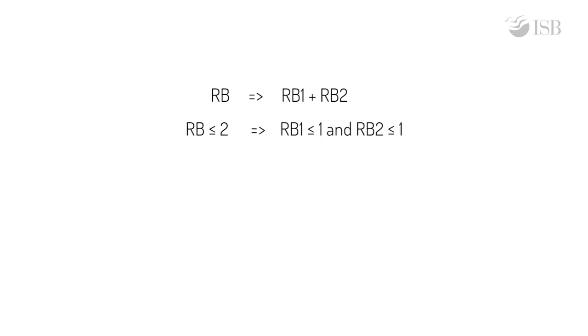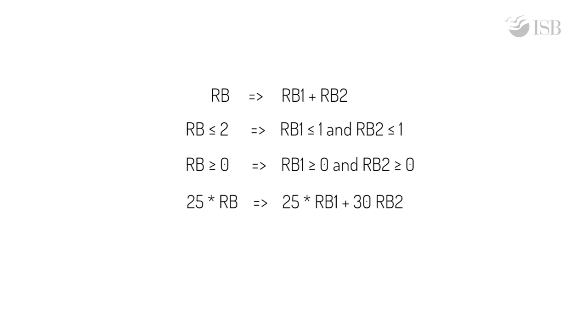In the upper bound constraints, RB less than or equal to 2 is replaced by RB1 less than or equal to 1 and RB2 less than or equal to 1. In the non-negativity constraints, RB greater than or equal to 0 is replaced by RB1 greater than or equal to 0 and RB2 greater than or equal to 0. Finally, in the objective function, 25 times RB is replaced by 25 times RB1 plus 30 times RB2.